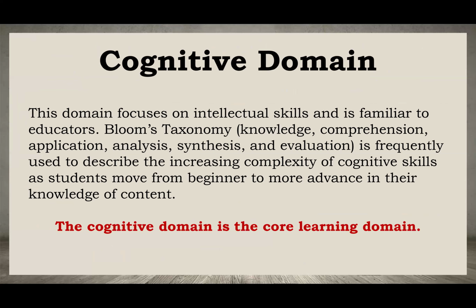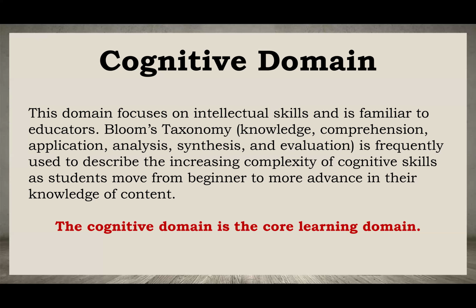Let's now look at the cognitive domain of Bloom's taxonomy, which we are all very much familiar with. This domain focuses on the intellectual skills, and it is a hierarchical classification of the different levels of thinking, which promotes higher forms of thinking in learning and teaching.